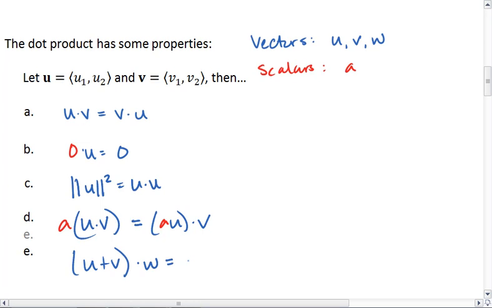That's the same as doing u dot w plus v dot w. Those procedures will give us the exact same answer. So make sure you have these 5 down, where u, v, and w are vectors, and 0 and a are scalars.